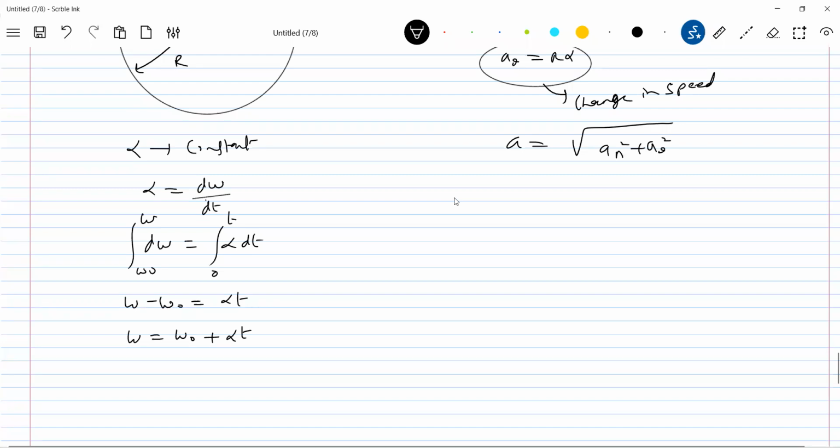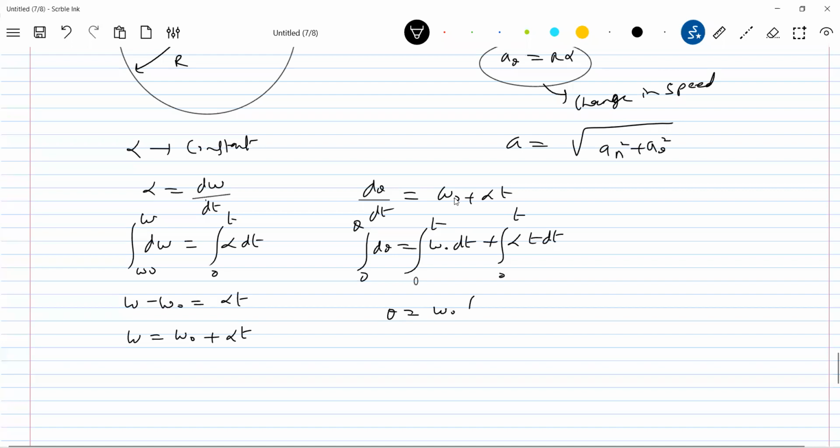Then further, d omega by dt, I can write it as alpha constant. So this is the angular displacement, 0 to t. So this will be theta equals integral of omega naught dt, which will become omega naught t plus this angular displacement. Then straight away you can write alpha is equal to d omega by dt.